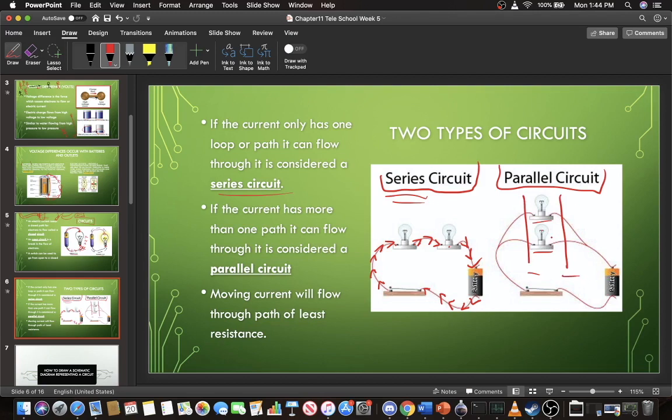They're not touching, they're not going to cross. They're just called parallel lines. So we have the battery and all those electrons moving from the negative end, and now it can go two different ways. One can go this way, one can go this way, and then they all reconvene and go to the positive side of the battery.